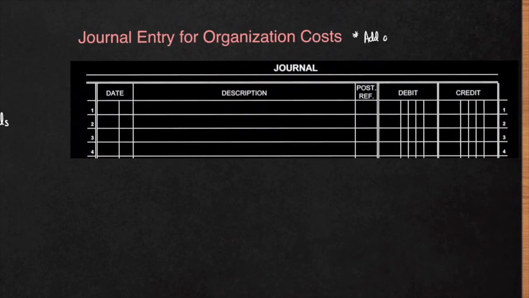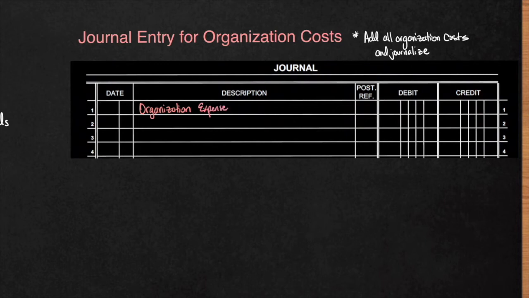Accounting wise, for organization costs, it's pretty easy. All you have to do is add all the organization costs and journalize. In other words, if we look at that previous list we just compiled, you do not have to record every single line item as one item when the company incorporates.